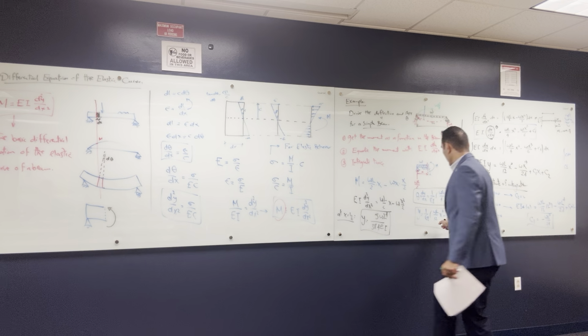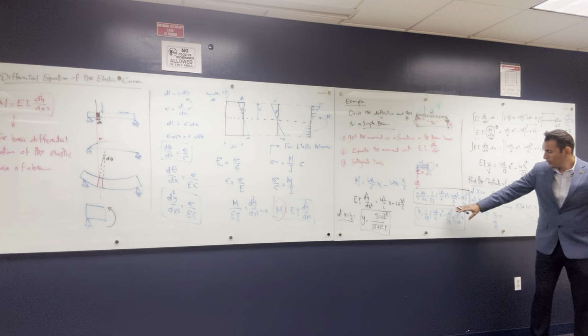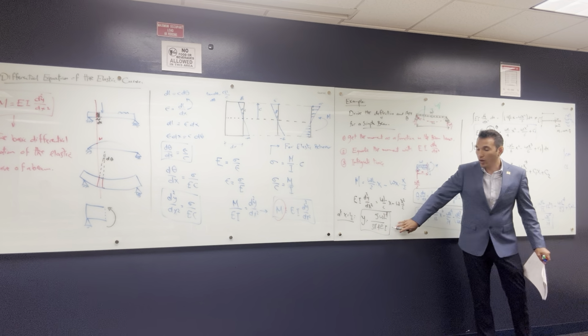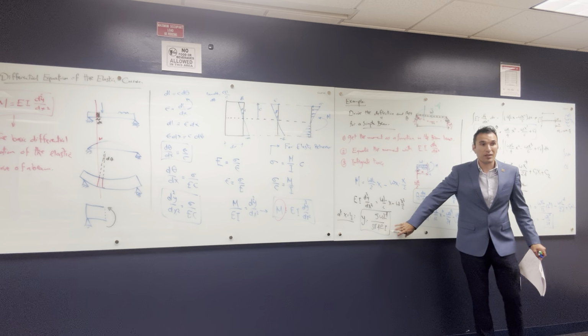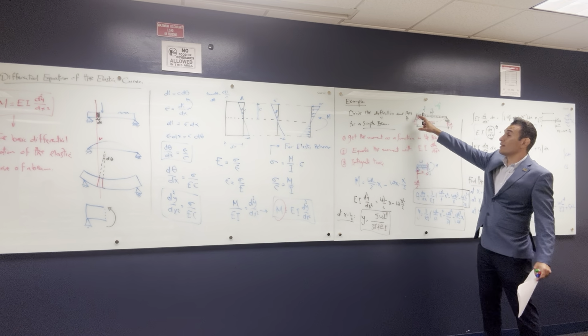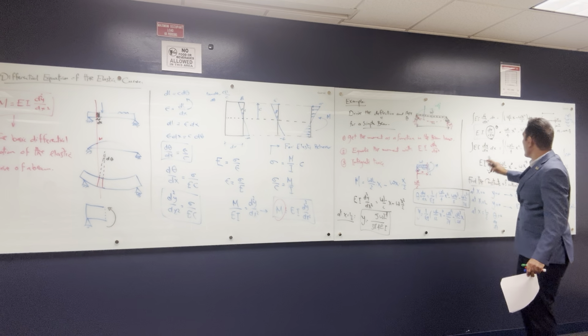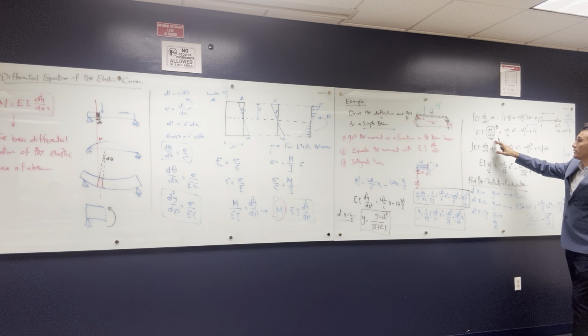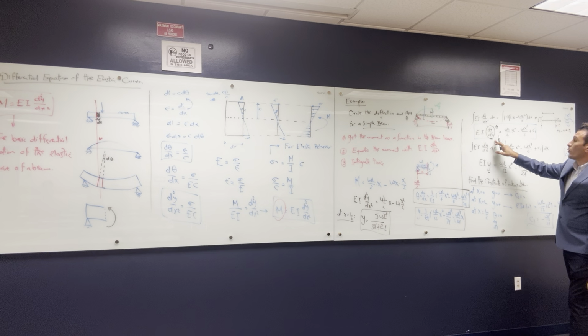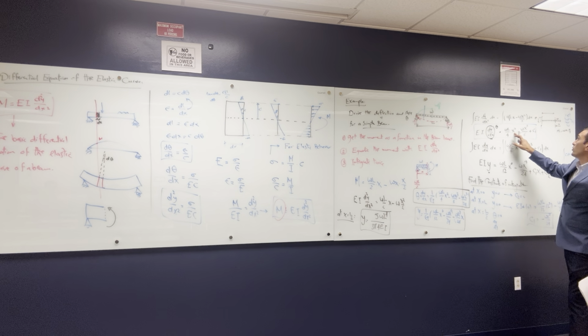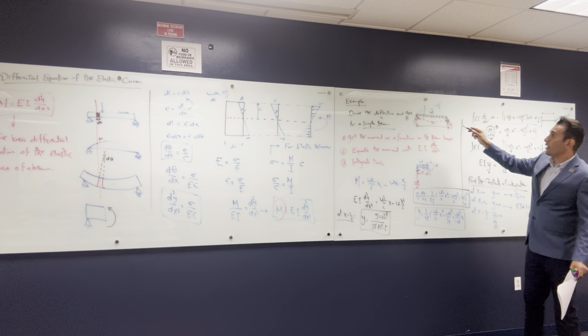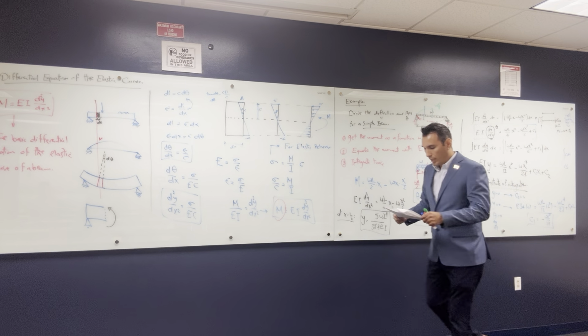Once you substitute here with L over 2 and make the math, you will find out that y in the middle is equal to this value. Same thing, if you want to find theta at x equals 0, you can come here and substitute with x equal to 0, and then you will find out what is the value of theta at first.